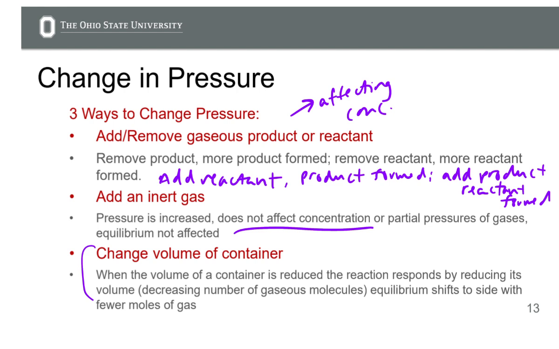Yeah, because I can imagine thinking, okay, I've added an inert gas, that means everything has to get tighter together. But because we're still in the gas phase, those molecules are still relatively far apart.